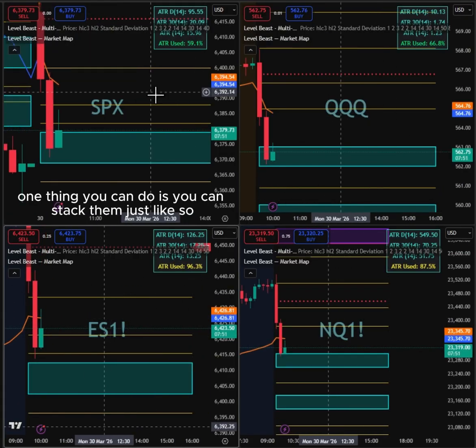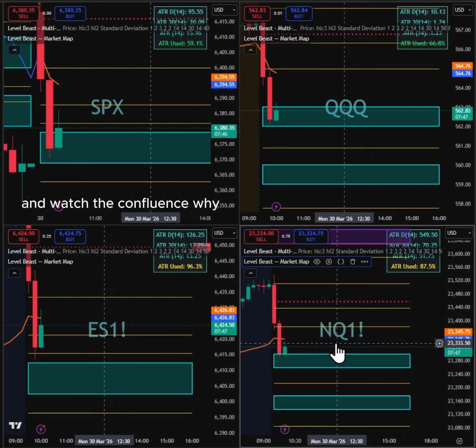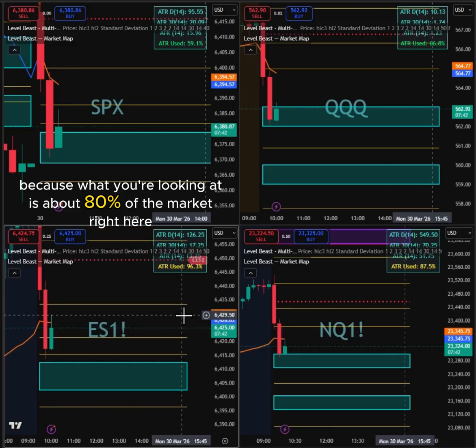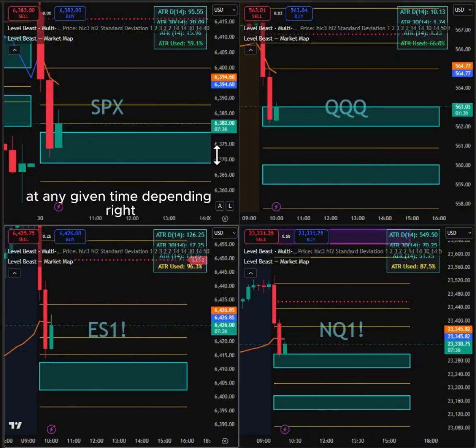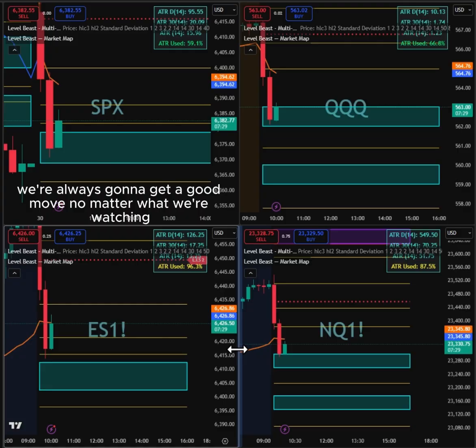One thing you can do is stack them just like so and watch the confluence. Why? Because what you're looking at is about 80% of the market right here, sometimes higher than 90, 95%, at any given time, depending. This represents a major portion of the market. So for us, we're always going to get a good move no matter what we're watching.